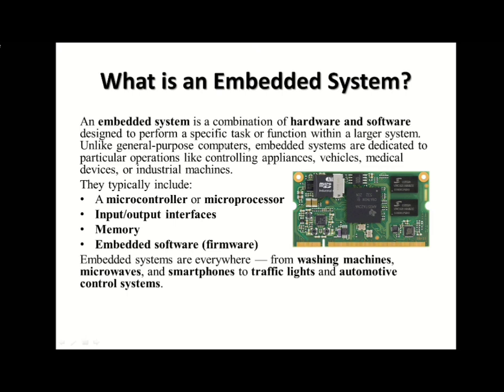An embedded system typically includes a microcontroller or microprocessor, input interfaces, memory, embedded software, and firmware. Embedded systems are everywhere, from washing machines, microwaves, and smartphones to traffic lights and automotive control systems.